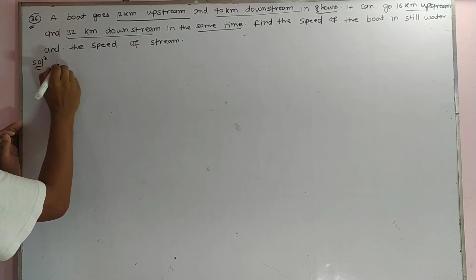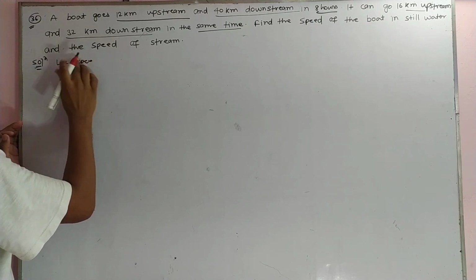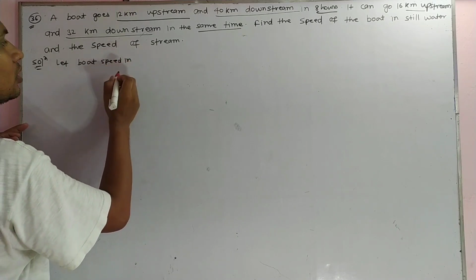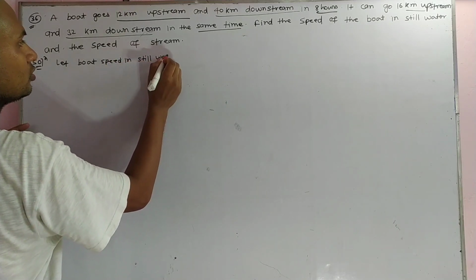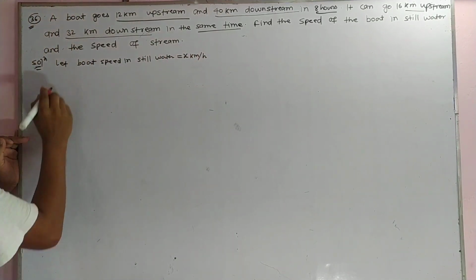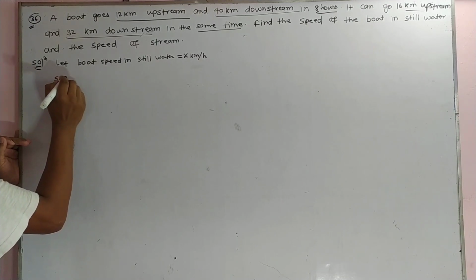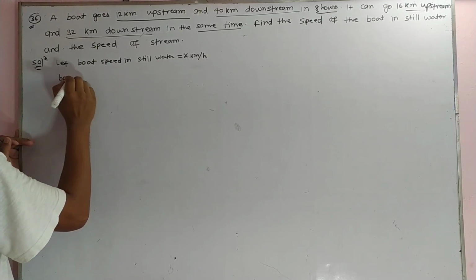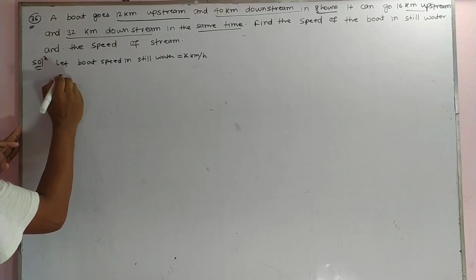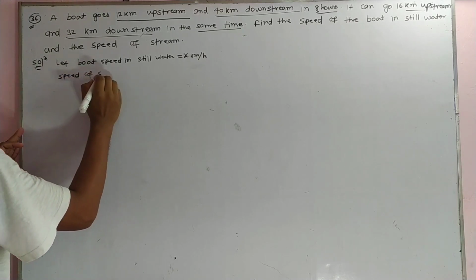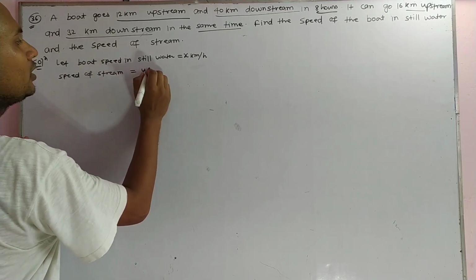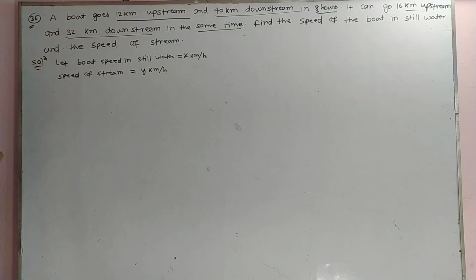Let the boat speed in still water be x kilometer per hour, and the speed of the stream be y kilometer per hour. You assume that first.